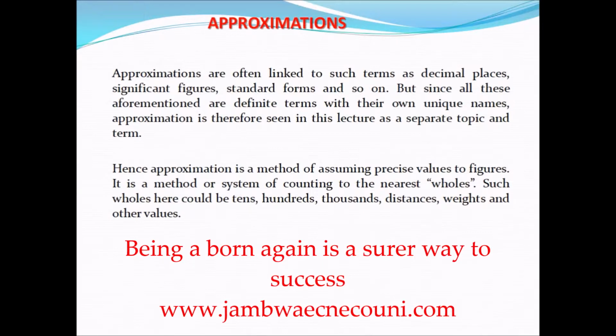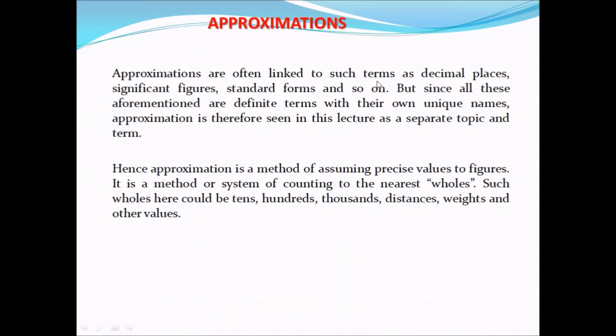So we say that approximations are often linked to such terms as decimal places, significant figures, standard forms, and so on. But since all these aforementioned are definite terms with their own unique names, approximation is therefore seen in this lecture as a separate topic and term. Hence, approximation is a method of assuming precise values to figures.